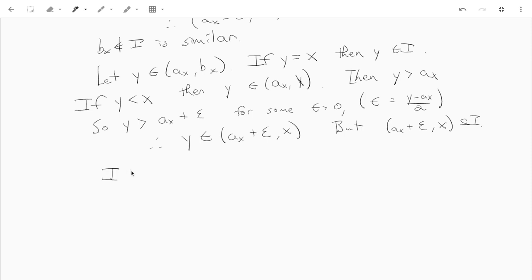So if y is greater than x, then y is in I by a similar argument.